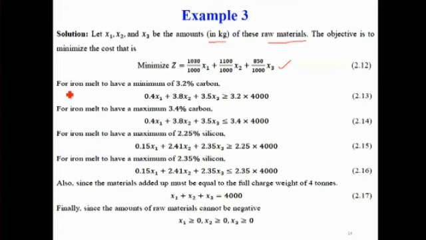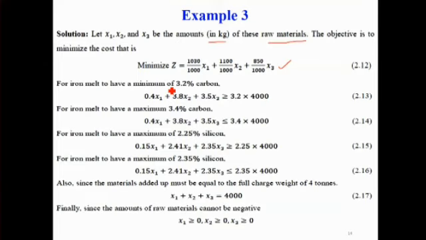Understand? Now for iron melt, first one is iron melt. We have to see that from iron scrap or iron melt, whatever we had. Iron melt should have a minimum of 3.2% carbon.